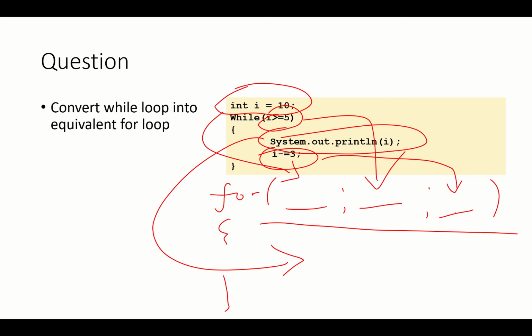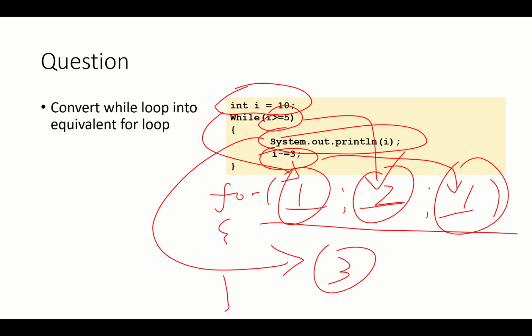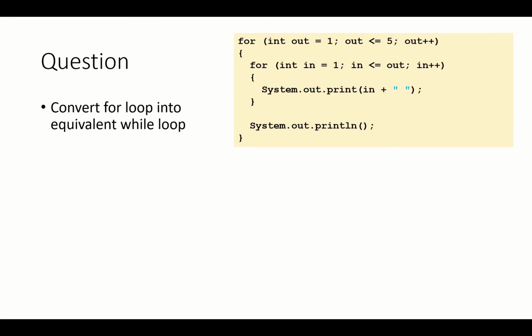But for the for loop, it's very different. You need to go first 1, 2, 3, then 4. Okay? Right? Any question? How about checking this one? You try?